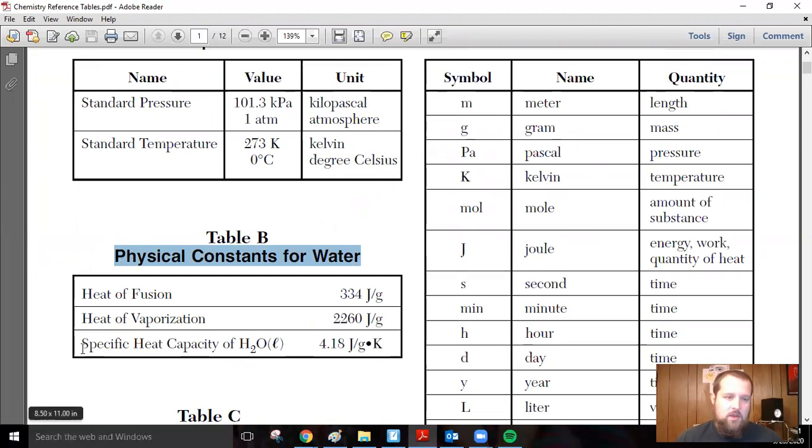And right here we have specific heat capacity of water. This is 4.18 joules per gram Kelvin. So 1 gram of water going up 1 Kelvin degree takes 4.18 joules. So I'm just going to take that number right from the reference table. And this is something you just kind of have to remember is there.